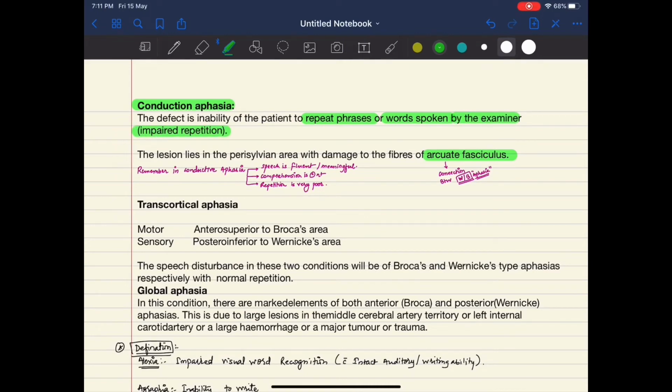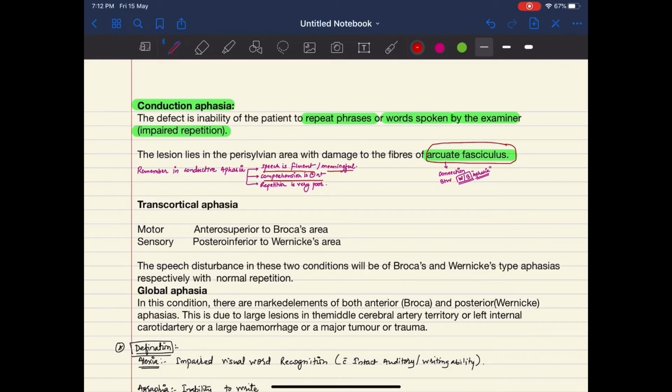So in conduction aphasia, please mark this as an important point. The site of lesion is your arcuate fasciculus. This is the important thing, and it is the connection between Wernicke's and Broca's. The point to remember is the speech is fluent, because we know fluency is related with Wernicke's area, and it is intact, and it is meaningful.